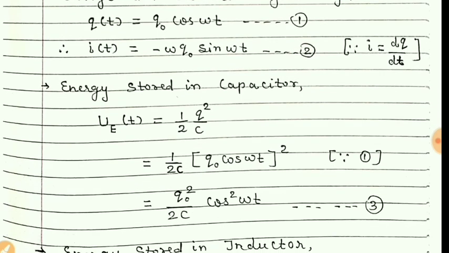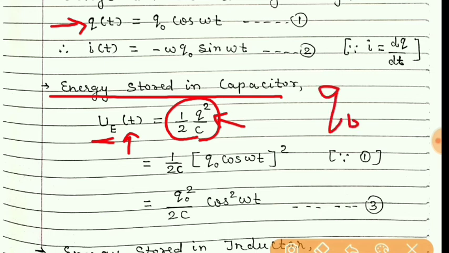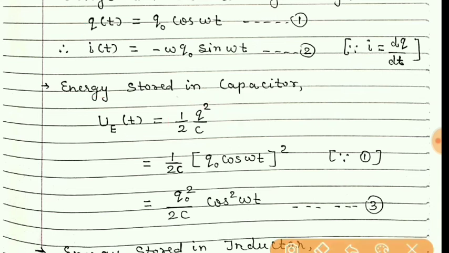Now at this time t, the energy stored in the capacitor, that is Ue at time t, is half of q square by C, because now the charge is q, so that's why it is q. Initially it was q naught, but now it is q. Next step is just put the value of q from equation number 1 here.